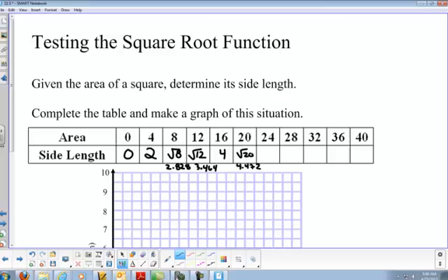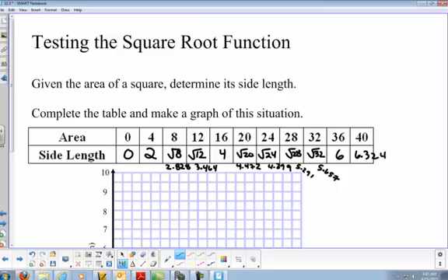The square root of 24 is 4.899. The square root of 28 is 5.291. The square root of 32 is 5.657. Square root of 36 is 6. And the square root of 40 is 6.324.